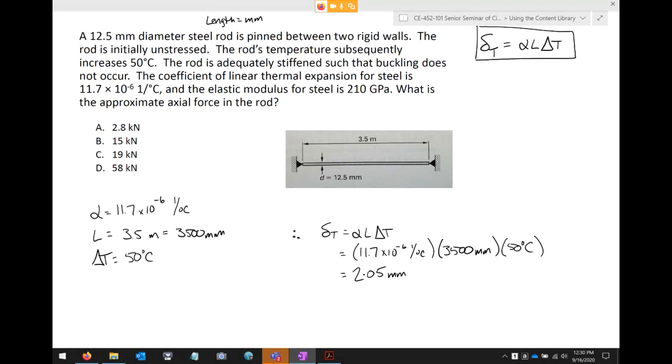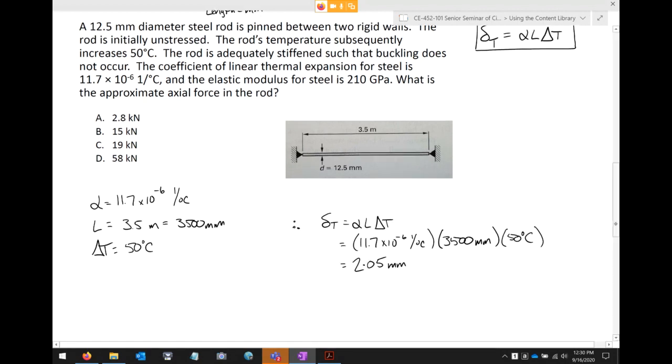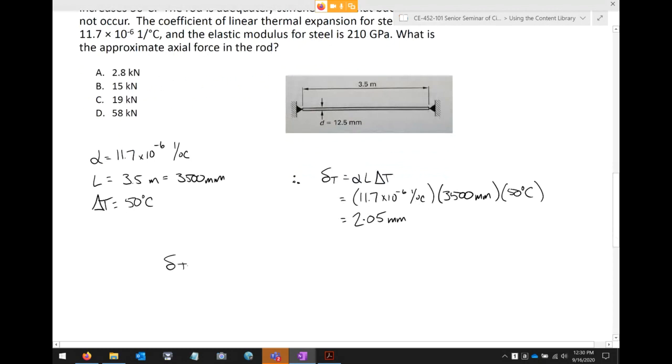So the bar wants to expand 2.05 millimeters, but the wall is pushing it back 2.05 millimeters. Delta total is delta mechanical plus delta thermal, and when it's all said and done, the total deflection is 0.